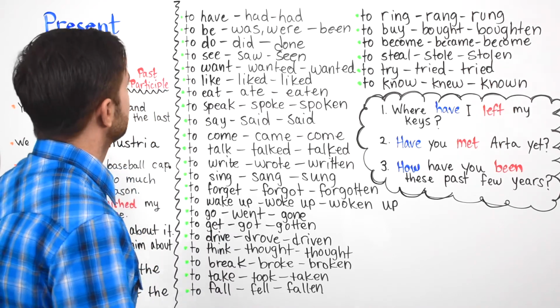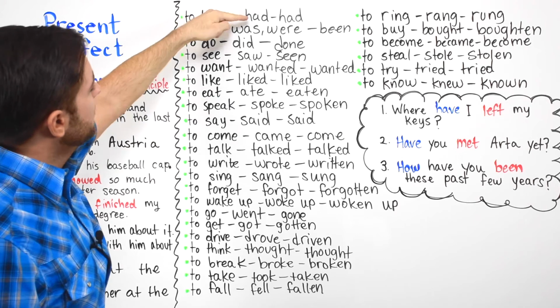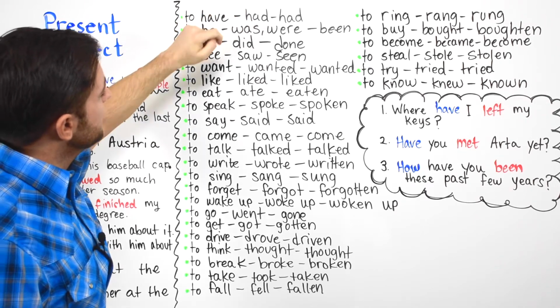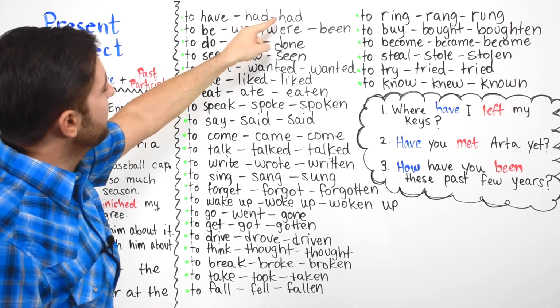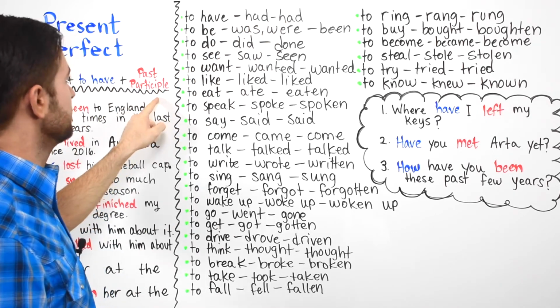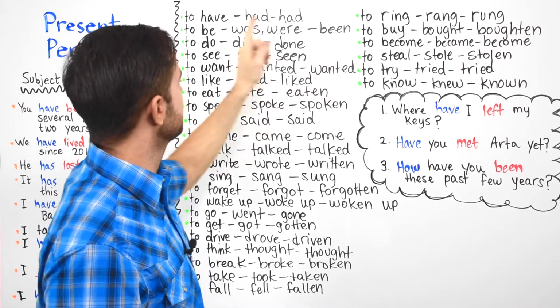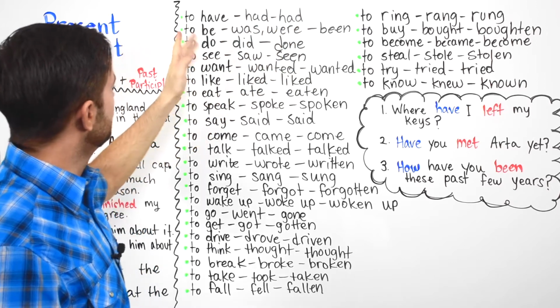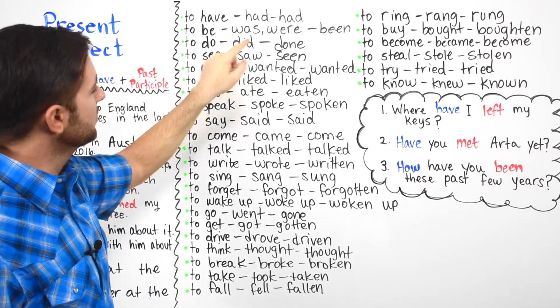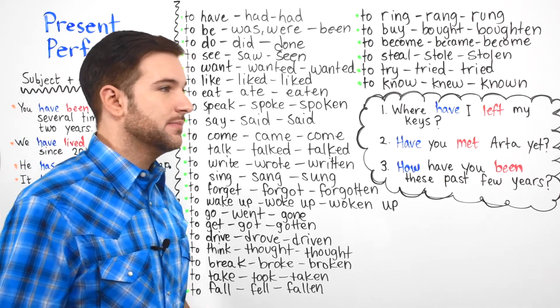All right, so we have the verb to have, and then in the next column you'll see had, which is the simple past, and then you have had, which is the past participle. So the past participle, guys, is all the way at the end. Have, had. To be, was, were, so we have two here. Remember, it varies depending on the pronoun.